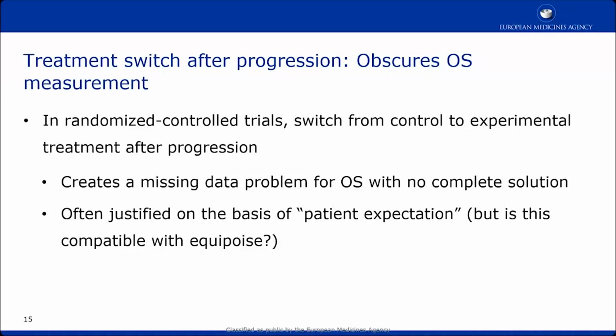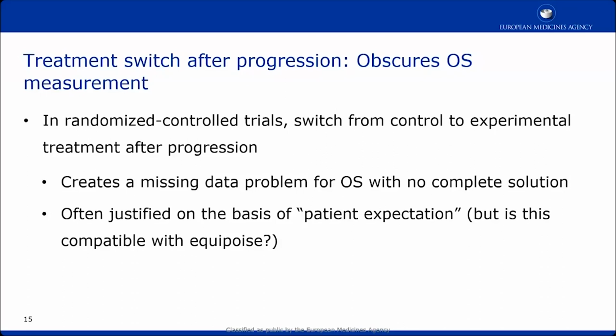And then there are all sorts of discussions about statistical methods that can explore what's the impact of the switch, but they're not perfect methods. Or on the other hand, people say, well, why do you do it? Don't do it. And then people say, oh no, but we have to do it, otherwise patients would not accept to be randomized in those trials.